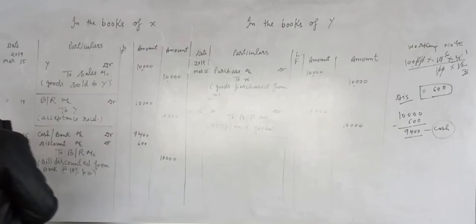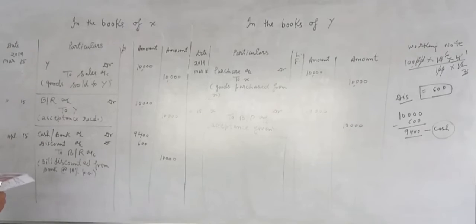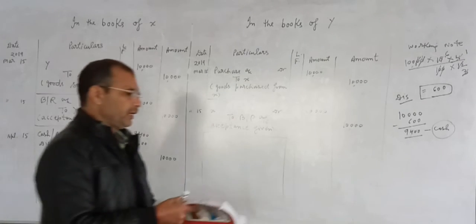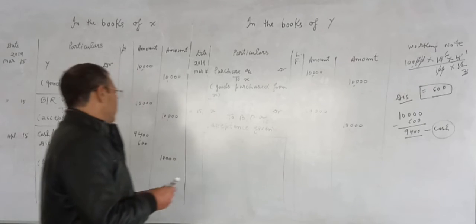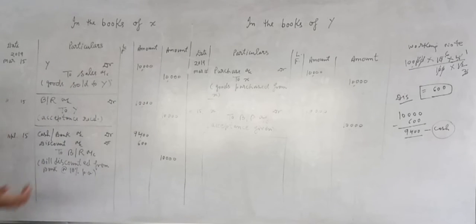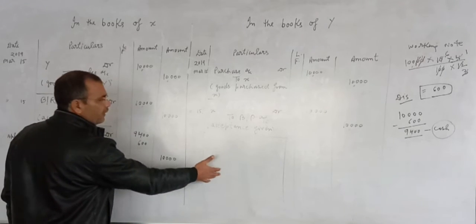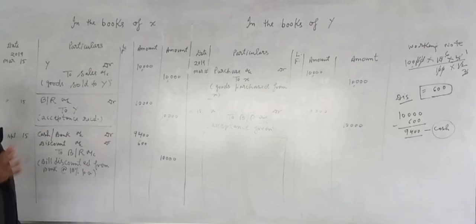Okay. Now after doing this, we will read the next question. The bank presents and Y meets the bill on maturity, make journal entries. Okay. What will happen after this transaction? When the due date comes, X will be unable to go to Y with the BR because BR is not with him.